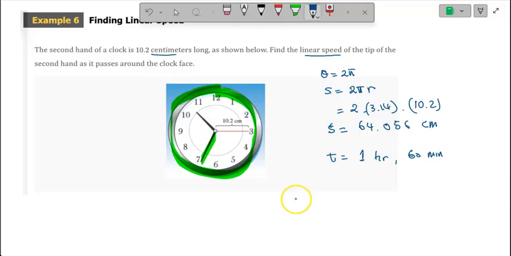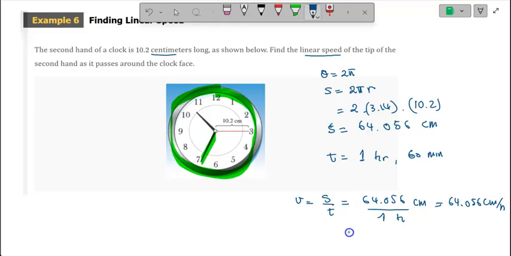So if I'm looking for V, it's gonna be S divided by T, all right? And S is gonna be 64.056 over 1 hour. So this is 64.056 centimeters per hour, all right?